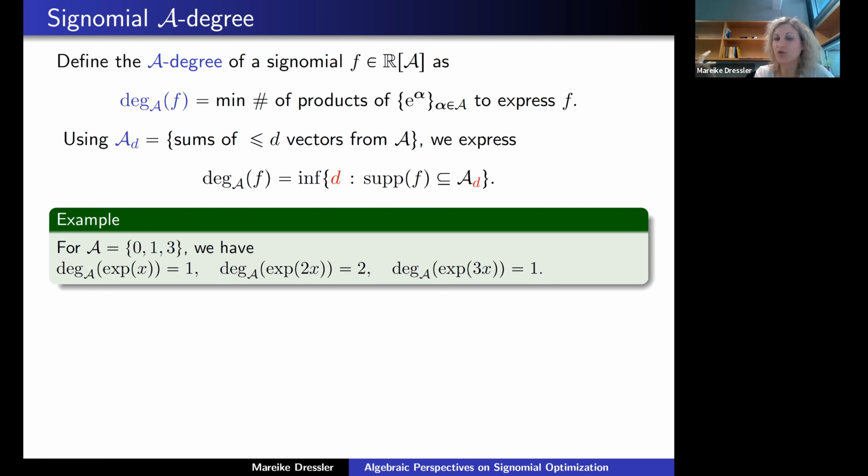So I don't need a product. The situation is different if I consider exp(2x), because then I would need the product of exp(x) and exp(x). So I need two basis functions to express this signomial. For the last one, I again only need one because I have 3 involved as a support.